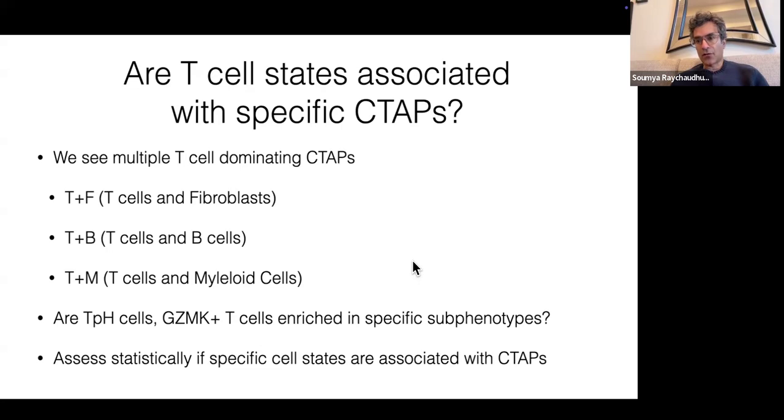So for example, T peripheral helper cells or regulatory T cells, are they increased uniformly across these different groups, or are there some groups that have more regulatory T cells? And it's important to know biologically, because if that's the case, it would influence perhaps how we think about treating these different diseases by going after different cell states.